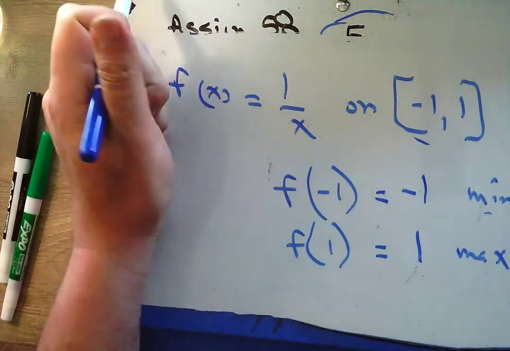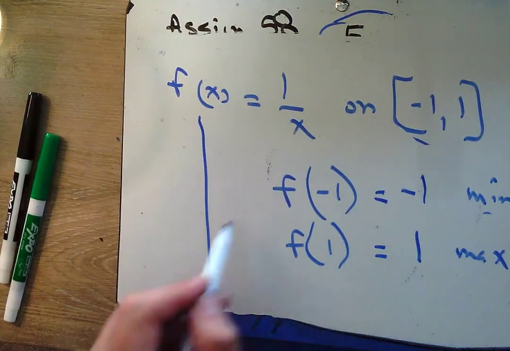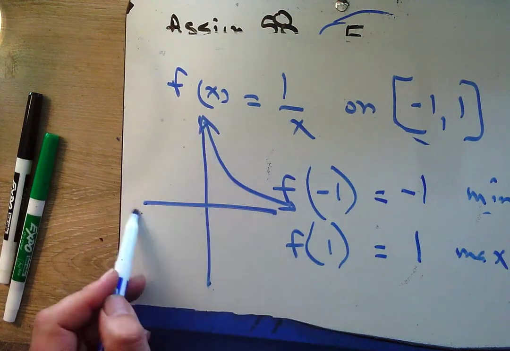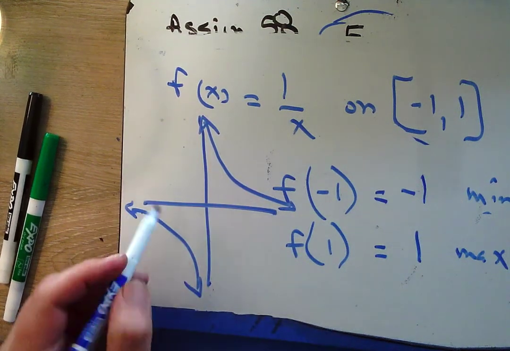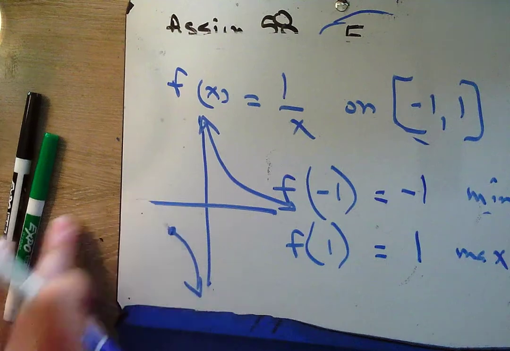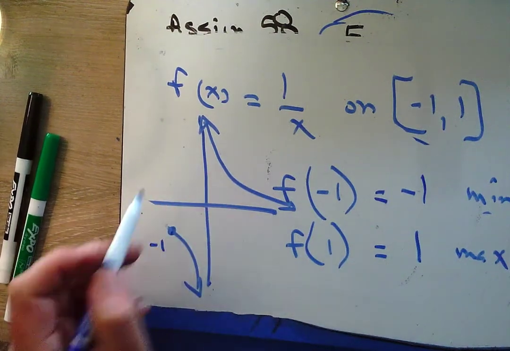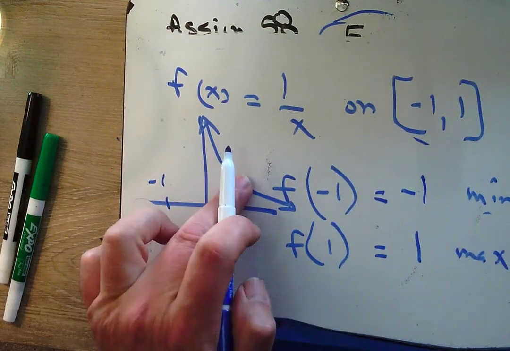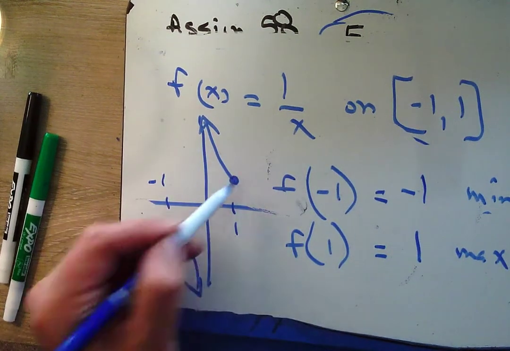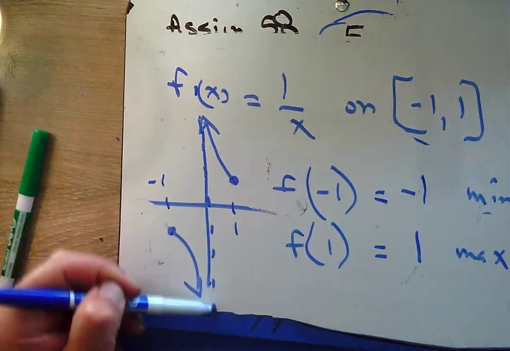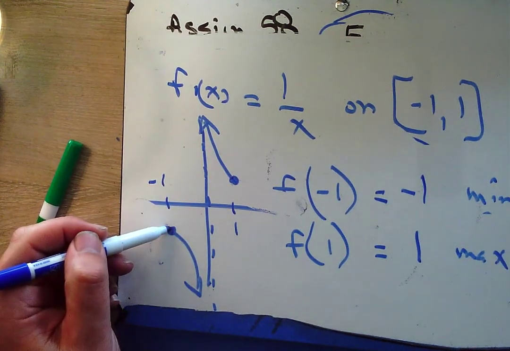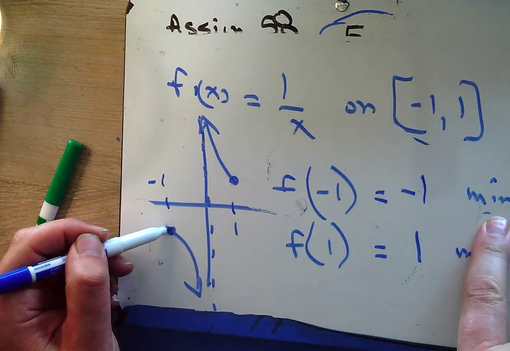However, we've taken pre-cal. Here's -1. X equals -1. X equals +1. There's that vertical asymptote. Okay. Is this point the minimum?